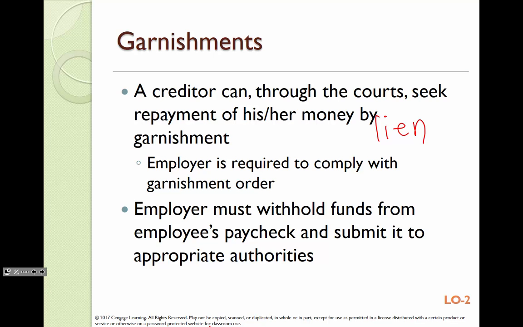Most common kinds of garnishments are for taxes, child support, and wage claims. Like my company shuts down and I didn't pay you guys your last week of wages. Medical bills, tons of medical bill garnishments. Verizon's a big garnisher. Cell phone bills.